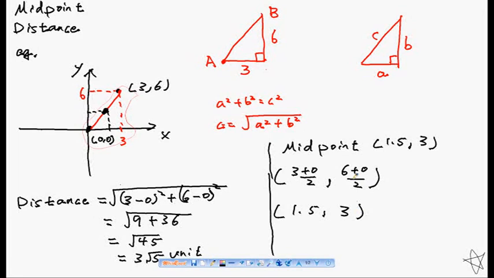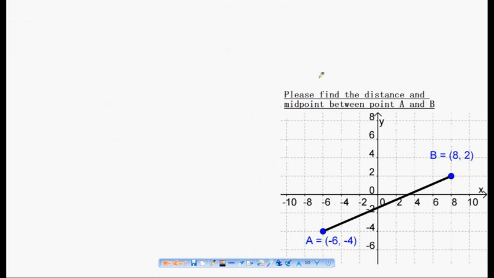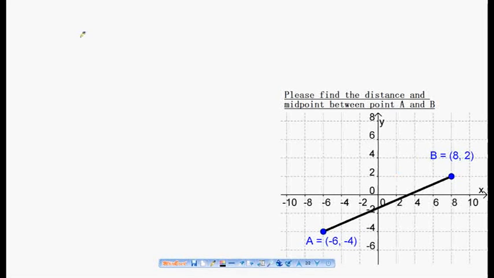Let's do a question, some examples on how to find the midpoint and distance. The question states we have to find the midpoint and the distance between point A and point B. Let's first find the midpoint.